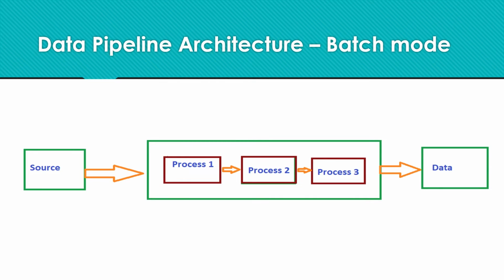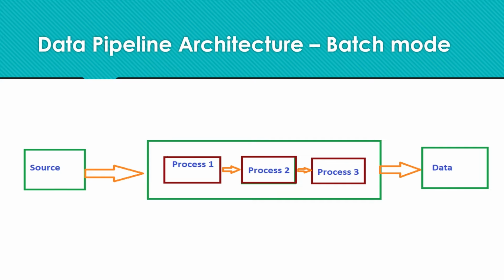The very first type of data pipeline is the batch mode, which is the most common. In this, the data is processed sequentially and in batch mode. In this type of pipeline, we connect to a data source system which already has data, and this data is extracted in batch mode.